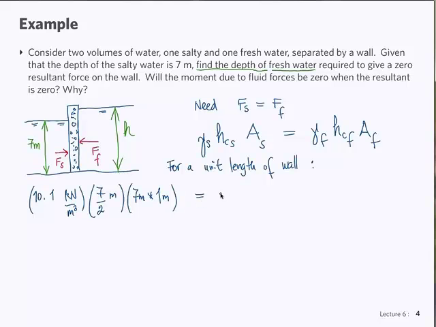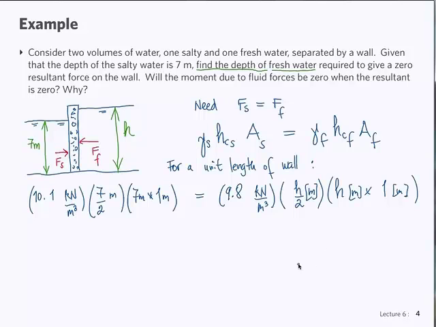And on the other side I have gamma of fresh water, 9.8 kilonewton divided by cubic meter, and well, we don't know the depth of water on that side, so let's just write h/2 for the depth of the centroid on that side. And we don't know the area either because we don't know h, so h meters times 1 meter will be the area on the fresh side.